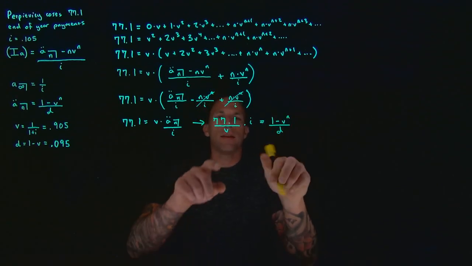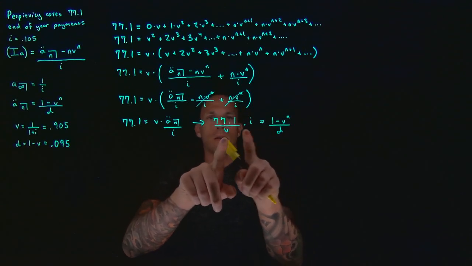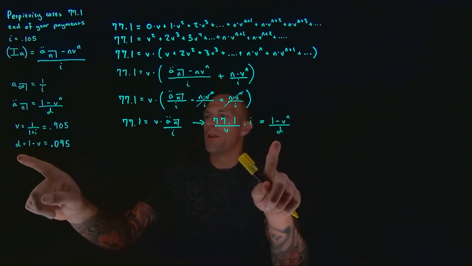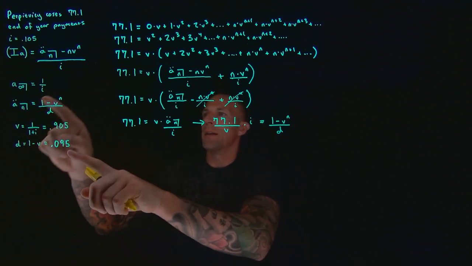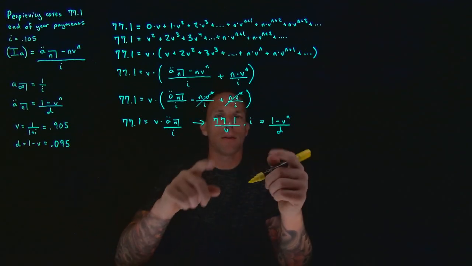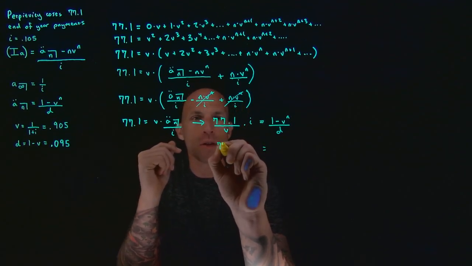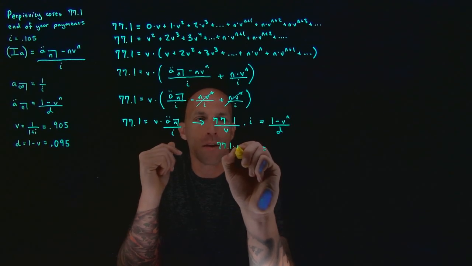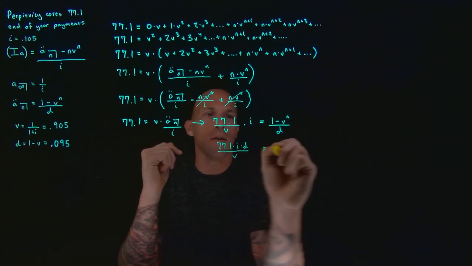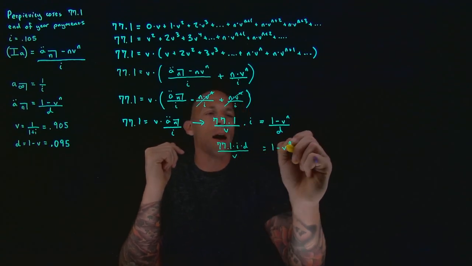And then again, I'm just going to keep collecting constant values on this side of the equation because d, v, and i are all known to us. We just haven't substituted in the value yet. So let's multiply both sides by d, and we get 77.1 times i times d divided by v equals 1 minus v to the n.